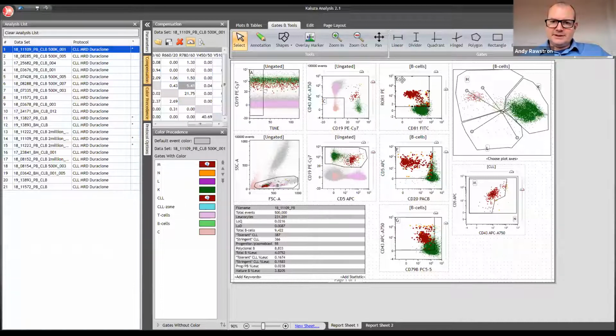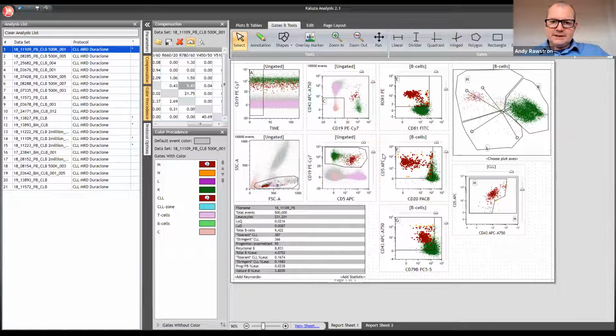So the red events are things that are in all 3 CLL areas, plus some additional gates that I'll show in a second. So you'd expect CLL cells to be ROR1 positive. It's not very strong, but it's usually present, whereas all the normal mature B cells are ROR1 negative, and weaker CD81 on the CLL cells versus the normal B cells.